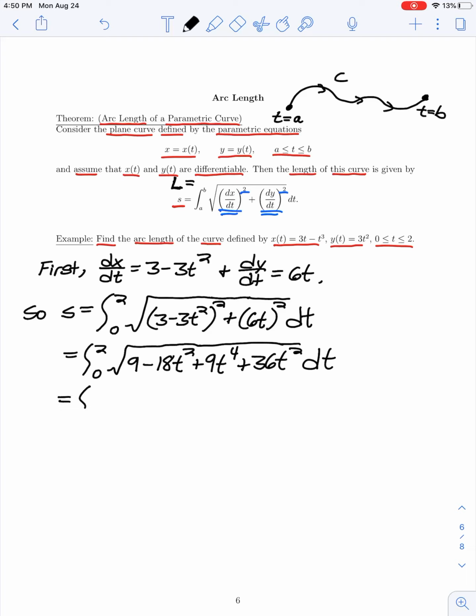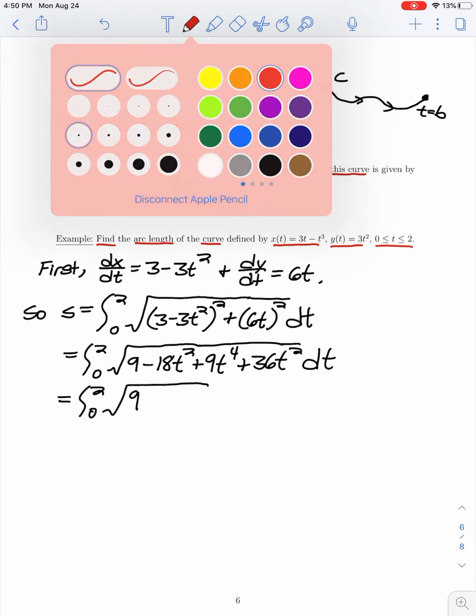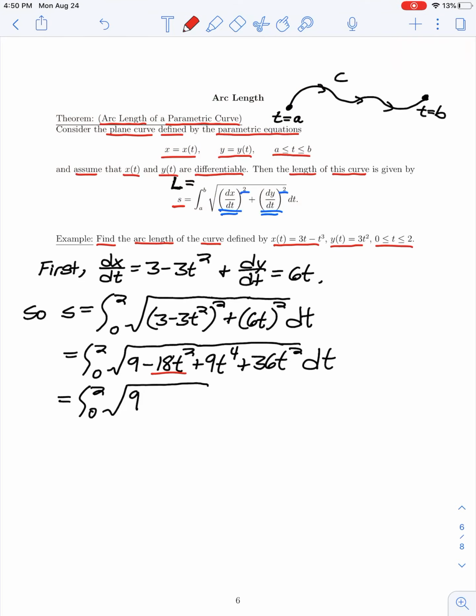So combining some like terms under the radical, we have 9. We then had a negative 18t squared plus 36t squared, which gives us positive 18t squared. Plus a 9t to the fourth dt.